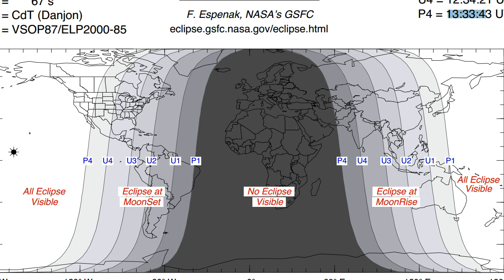Now, keep this in mind, please. When we mark P1 all the way to P4, I need you to understand that the eclipse depends on where you're located. You're going to see the eclipse from P1 to U4. For example, if you are in this part of Texas, you're going to have the chance to see the eclipse from the beginning all the way to U4.